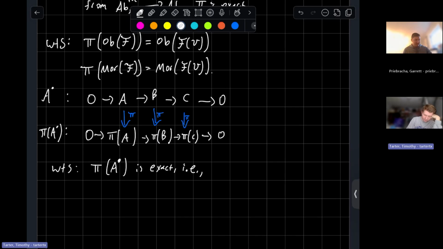I.e., if this is F, this is G, this is, I'll call it F prime, but it's really π of F, and G prime. The kernel of G prime is equal to the image of F prime if the kernel of G is equal to the image of F.